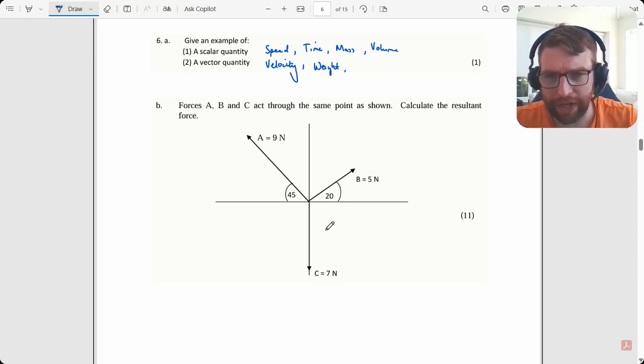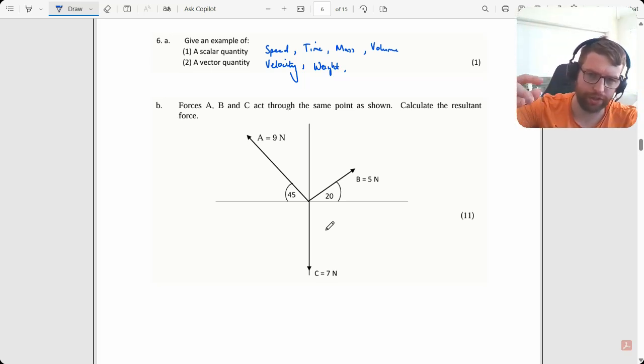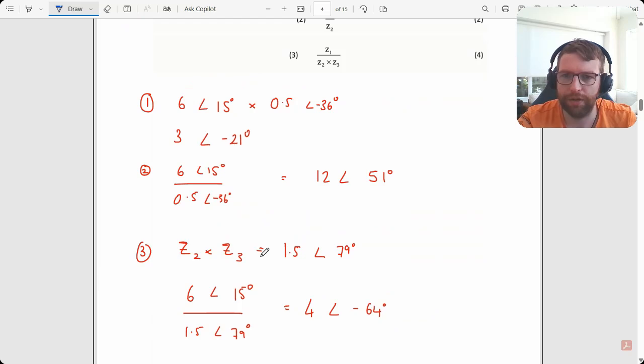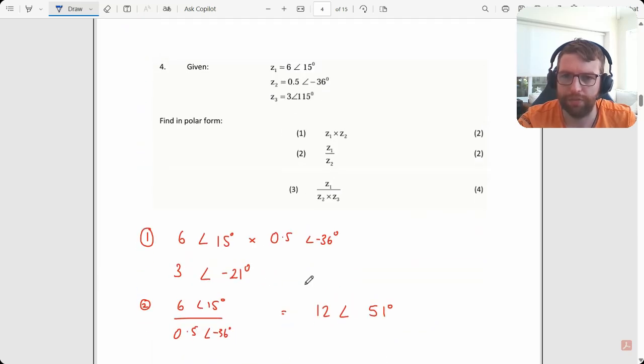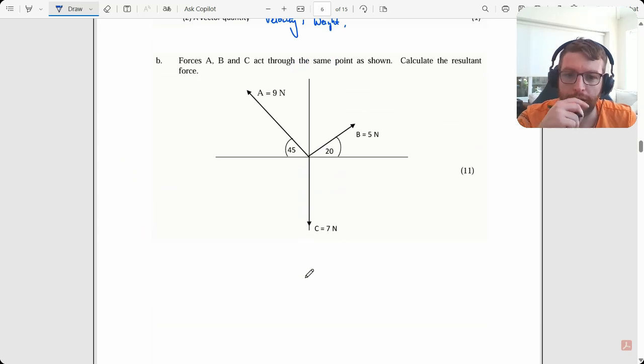So there's two different ways you can do this. I would usually teach quite a long, convoluted way, but the examiner has been teaching you how to add and subtract things like this. So I'm wondering if we go down the same route. I'm going to try it one way.